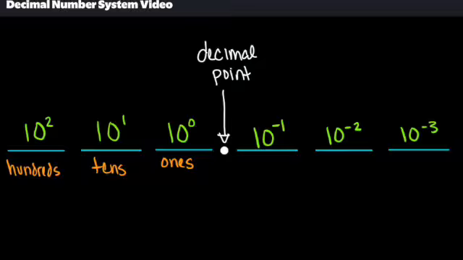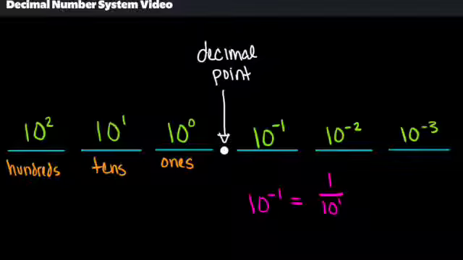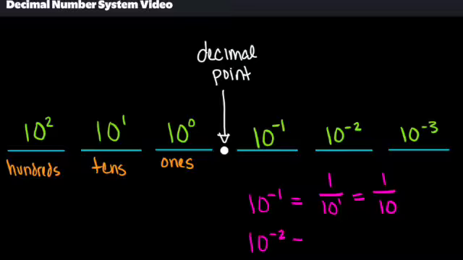And then we have 10 to the negative 2 power and 10 to the negative 3 power. And so what happens when we have 10 to the negative 1 power? This mathematically is equivalent to 1 over 10 to the first power, which is equivalent to 1 over 10, because 10 to the first power is 10, and therefore 10 to the negative first power is 1/10. This is the same for 10 to the negative 2 power.